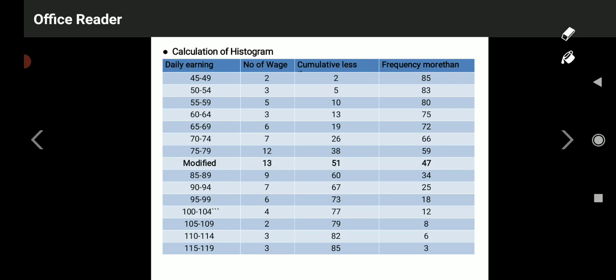In that 80 to 84 class interval, maximum frequency observations are there, that is 13 wage earners between 80 to 84.